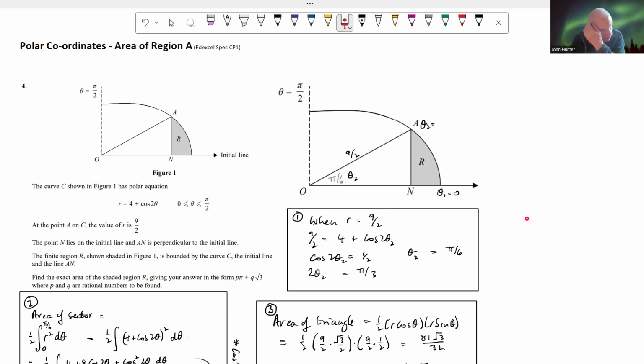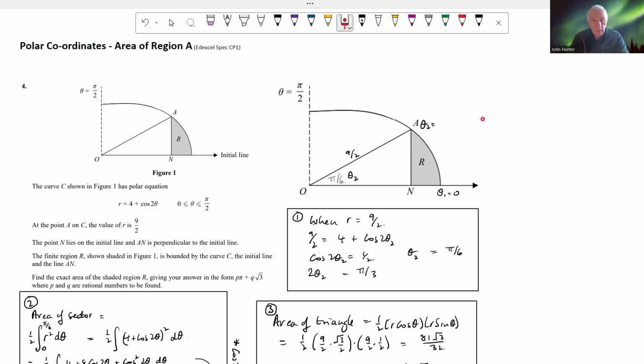Right, okay. So now this region here, this is a normal pattern with these things: what we're actually doing is finding the area of this sector. Sector's not a circle, is it? But this bit, and then we're subtracting the area of the triangle.